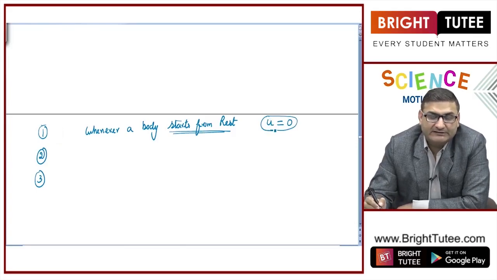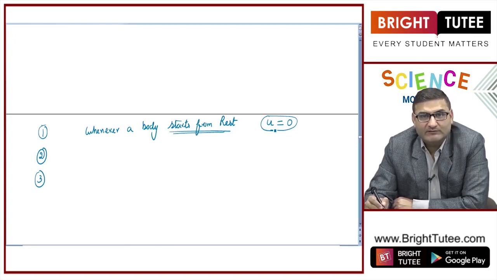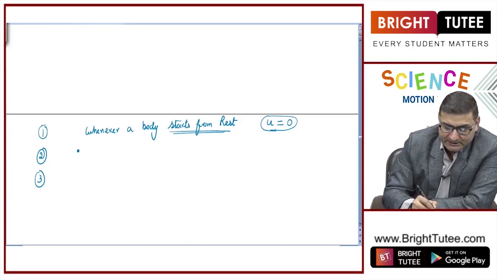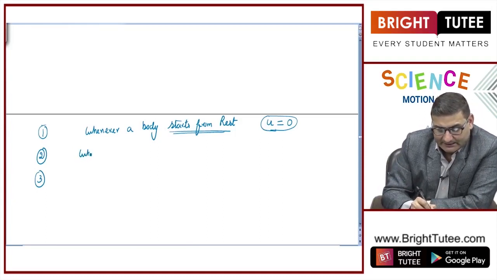The initial velocity is to be taken as 0. Why? Because the body was at rest. So, when we are comparing this body's velocity, since it was at rest, we say that initially its velocity was 0. That means its initial velocity is taken to be 0. Got it?